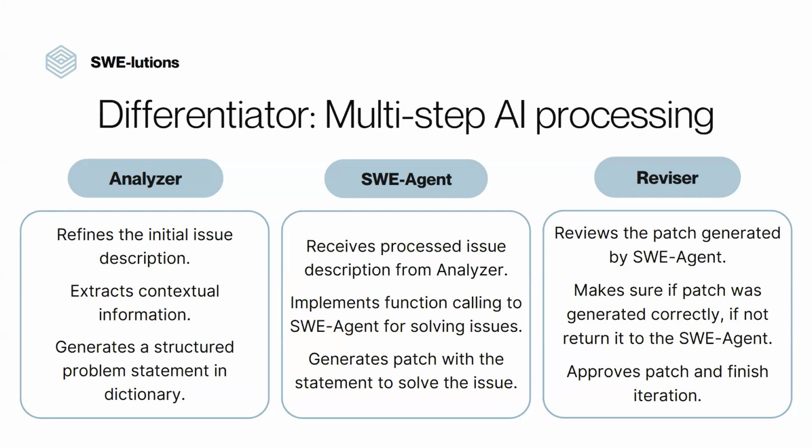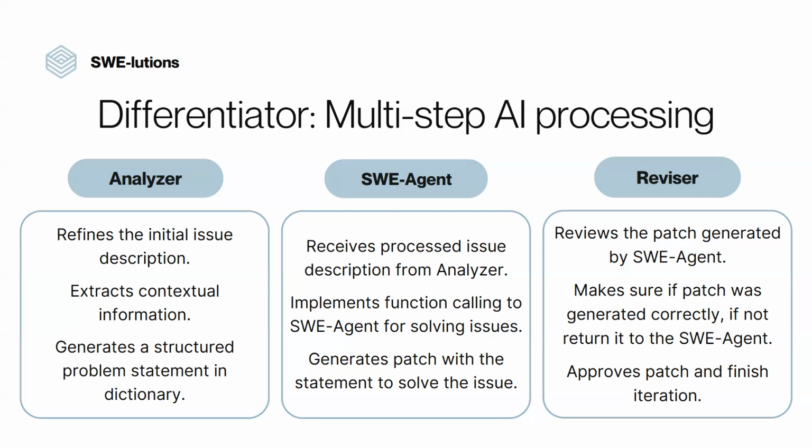In this file, we're going to find the problem description, first guess, file path, and all of this is going to be sent to another agent that contains the SWE agent tool. This agent is going to receive the JSON file and process all of the information that the analyzer gave it. And after this, it's going to generate a patch that might resolve the issue.